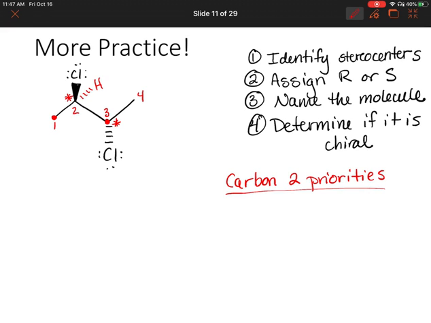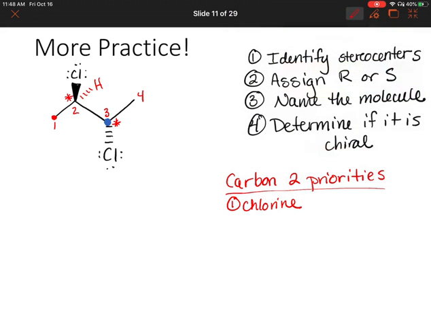Chlorine, carbon, or hydrogen? Chlorine. Okay, and then what comes next? Carbon or hydrogen? Carbon. But again, we have 2 carbons, so I'm going to label carbon 3 as blue.